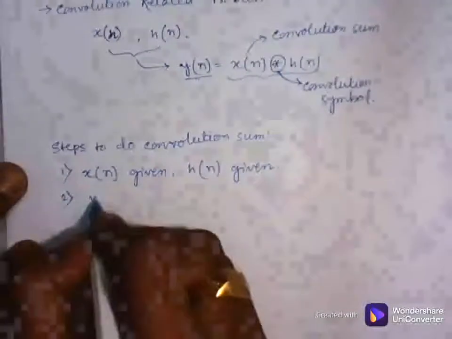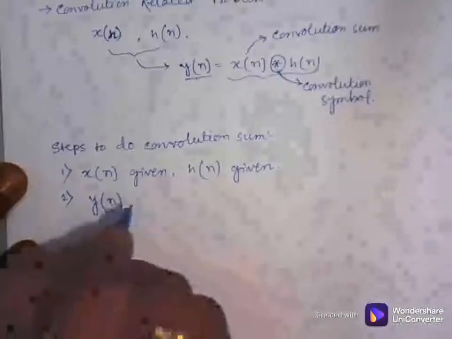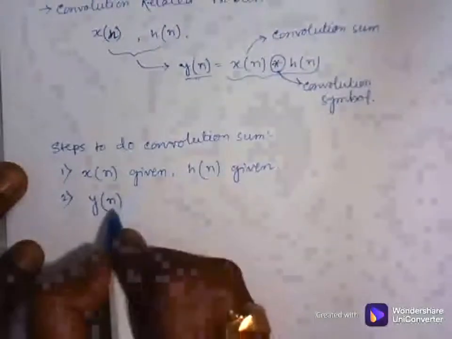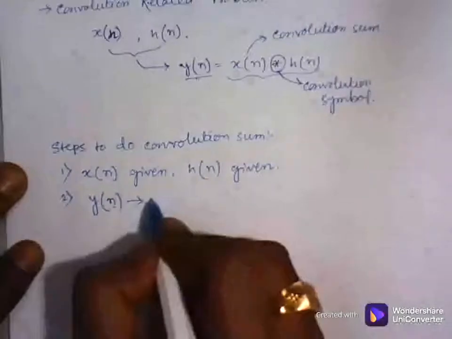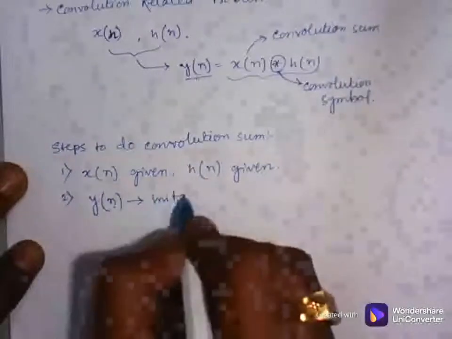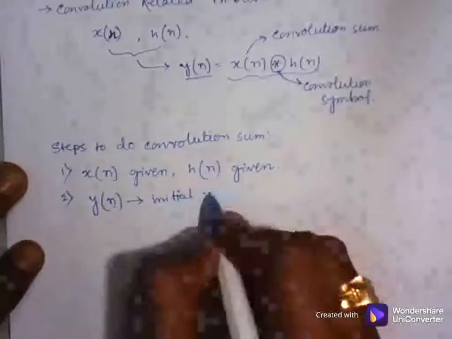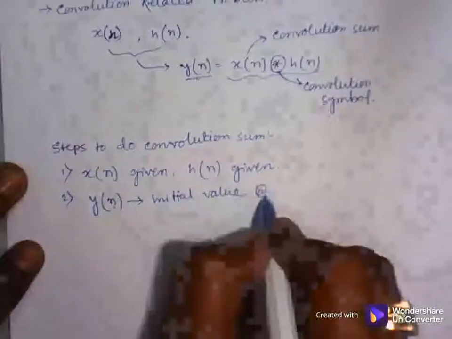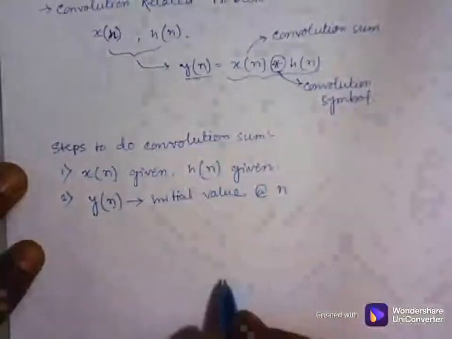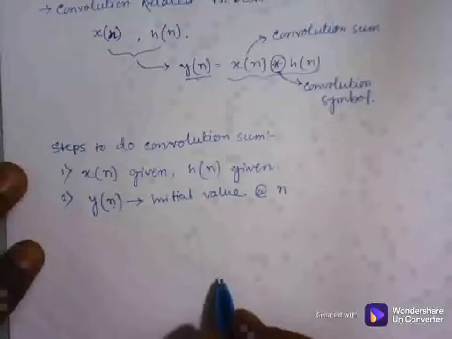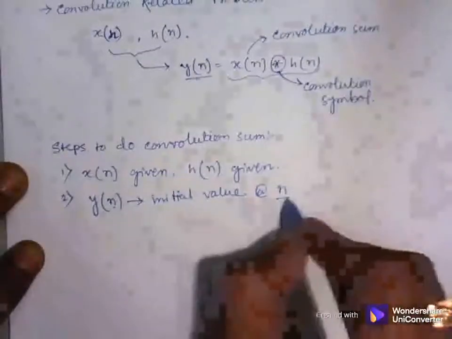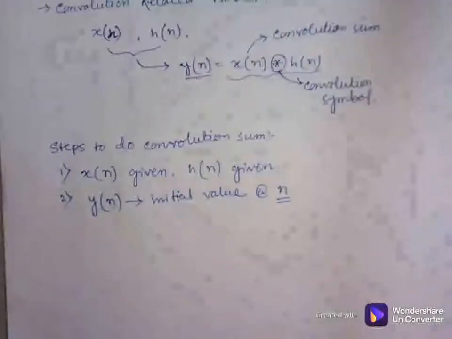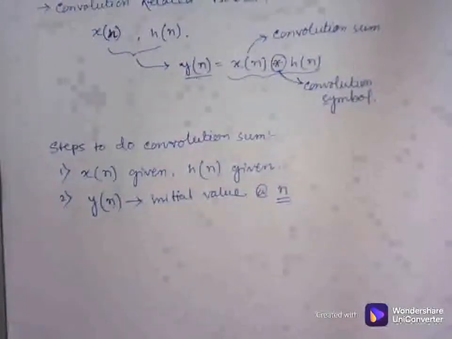Next, I have to represent y of n, and this y of n has an initial value of n. To express any kind of sequence, the initial value is mandatory, so I have to give the initial value.